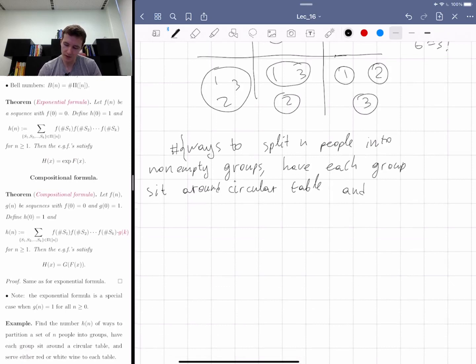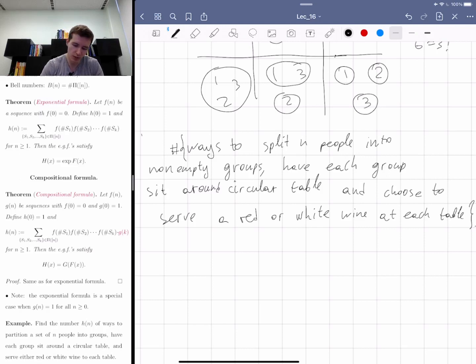So sit around a circular table and choose to serve a red or white wine at each table. Let me denote this new number by h of n now. H of n is you split people into groups, sit each group around a circular table, and then you also choose one of the two options for each table.